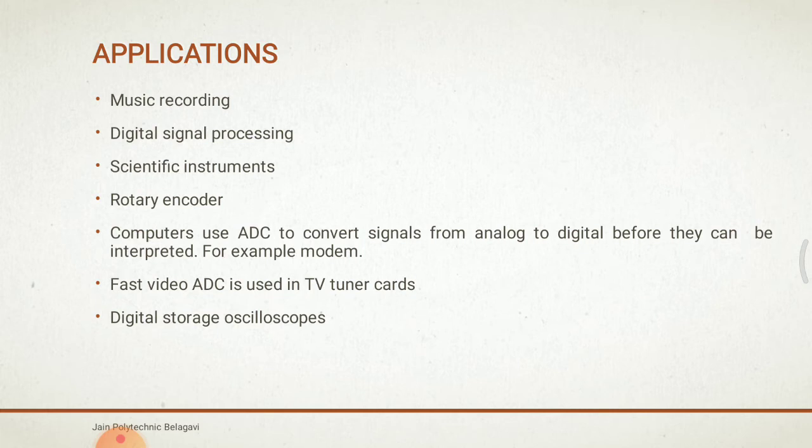We also use ADCs in scientific instruments and rotary encoders. Computers use ADC to convert signals from analog to digital before they can be interpreted. Also fast video ADC is used in TV tuner cards and digital oscilloscopes. We are using the ADCs.